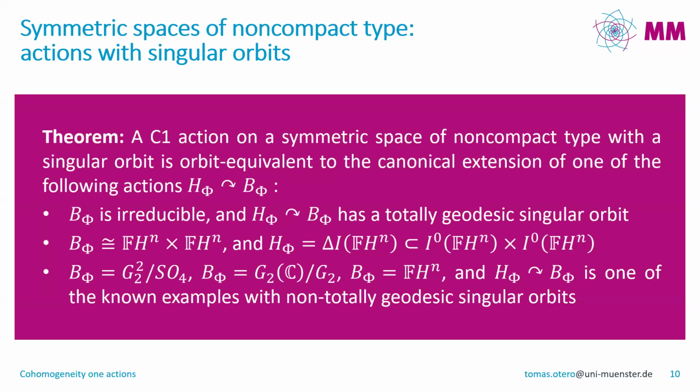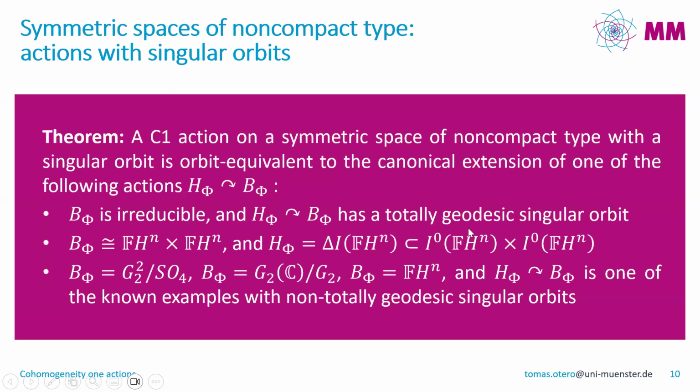These are well known. There's a second thing that can happen. Your boundary component is a product of homothetic hyperbolic spaces, and the group acting is some diagonal thing, which is essentially just the diagonal subgroup.